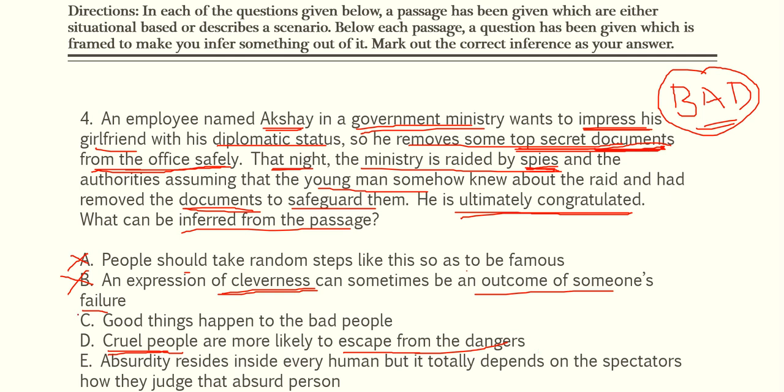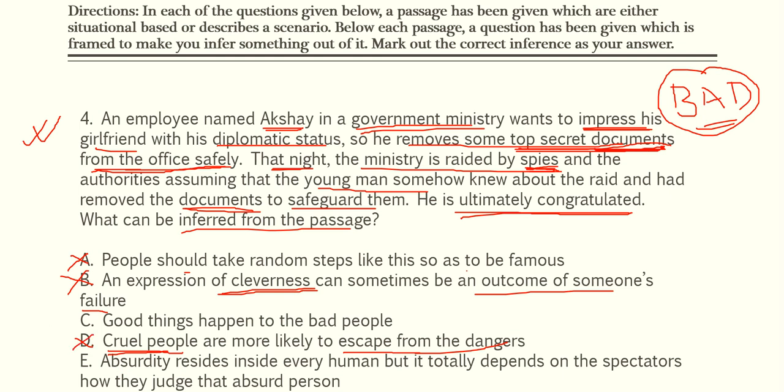No, we need to go with the given passage. We cannot just make up an answer. We cannot just judge by what had happened to us. We cannot just pick an option by our past experiences, right? So this one is being opted out.